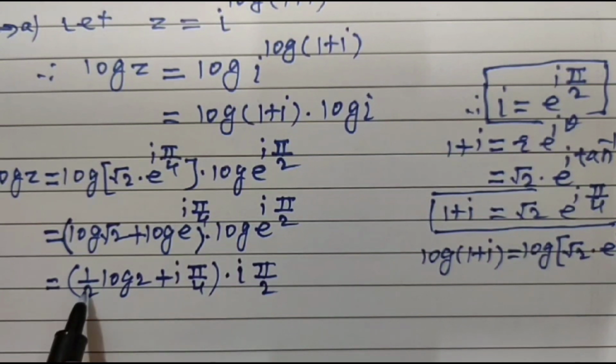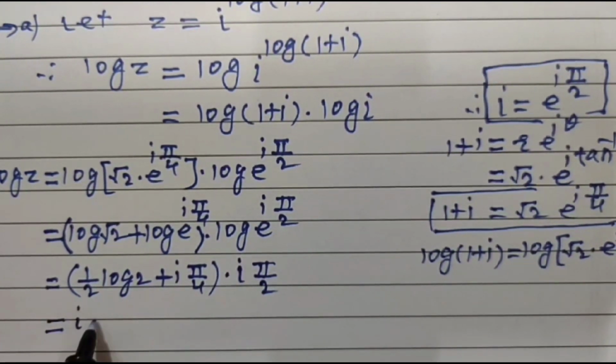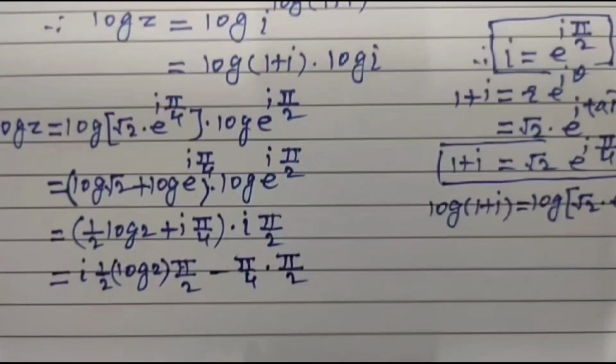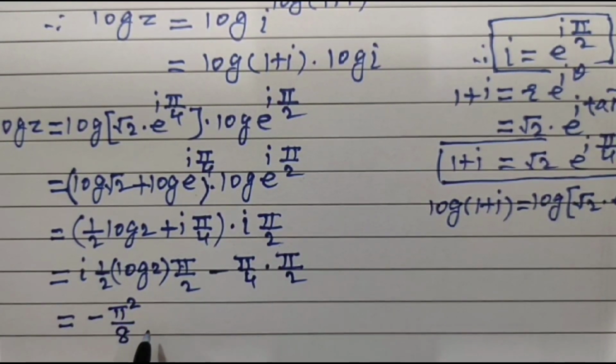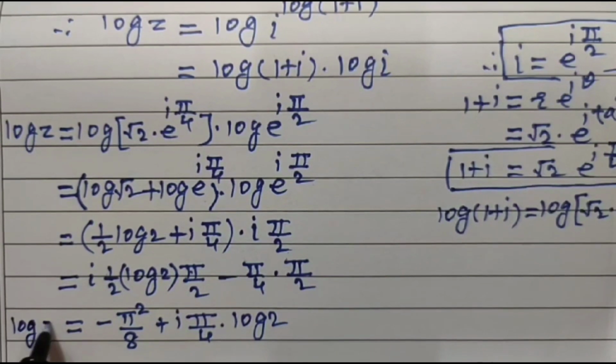Now multiply each term by i pi by 2. So i into 1 upon 2 log 2 into pi by 2. Okay. Now i into i is minus 1, pi by 4 into pi by 2. So this is equal to minus pi square divided by 8. This is the real part, plus i into pi by 4 into log 2. Log z is equal to this.